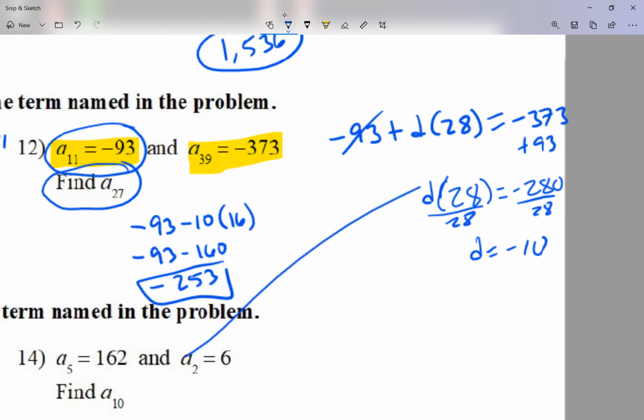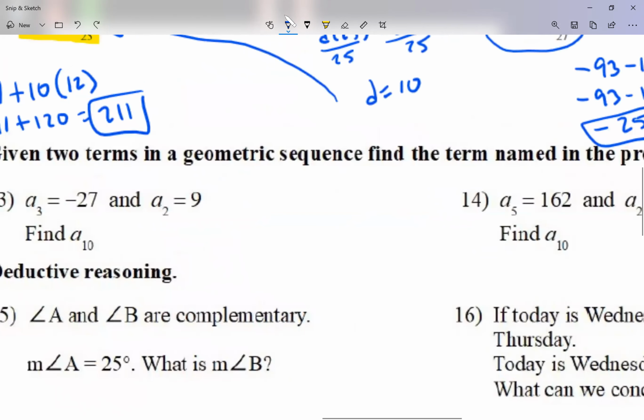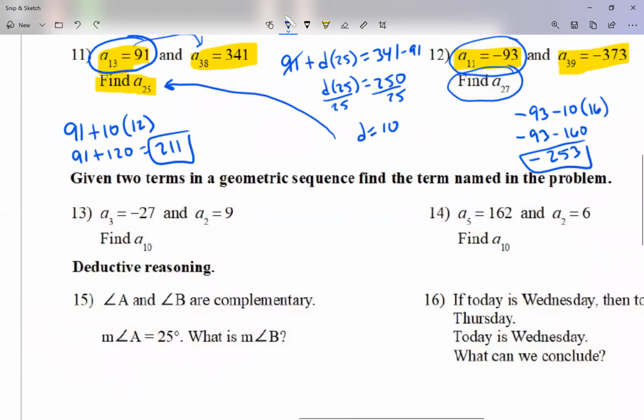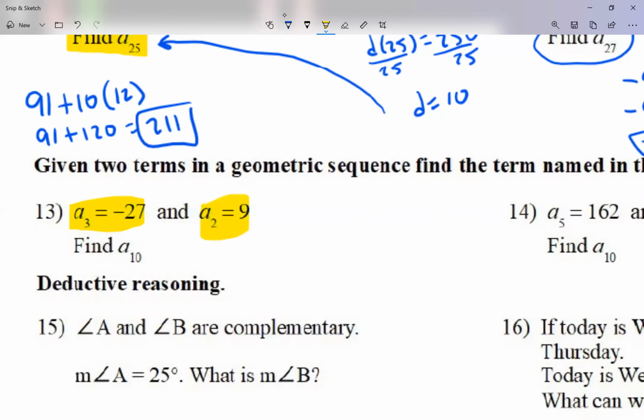Now let's take a look at geometric, right? What if I multiply? Given two terms in a geometric sequence, find the term named in the problem. Okay, I have the third number on the list, and I have the second number on the list. I start from the second number because second comes before third.